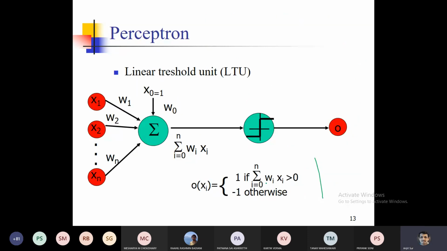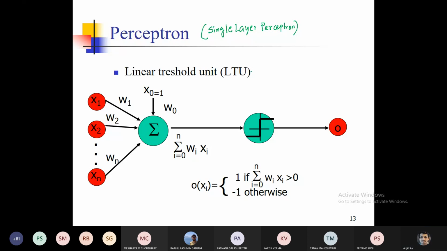Now, what I said earlier is, more systematically, called a single layer perceptron. Single layer means there is only one layer. It is also called a linear threshold unit.